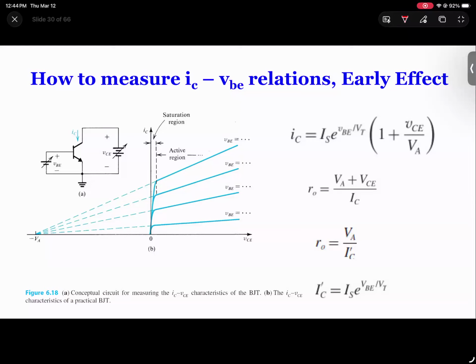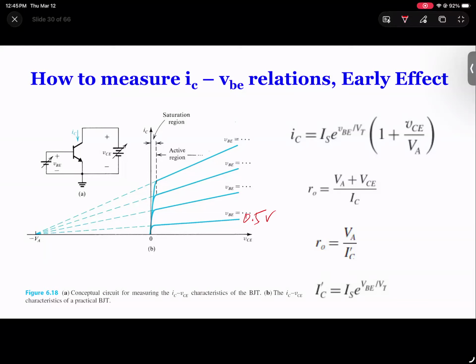take a transistor, and you vary, fix one, you change another, you get a group of curves. For example, at one value, maybe not 0.5, maybe this is still an example, fix VBE at 0.5, and you measure IC as a function of VCE.